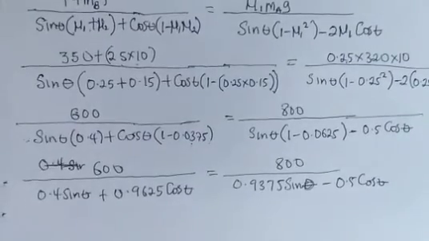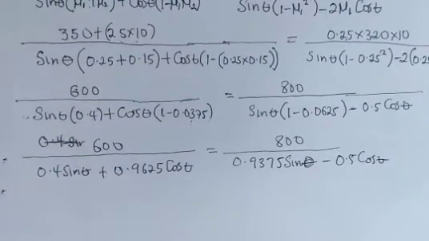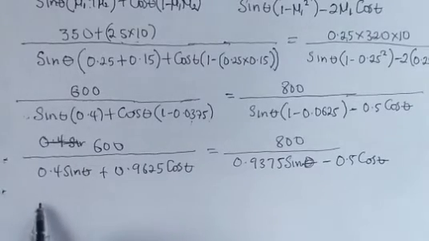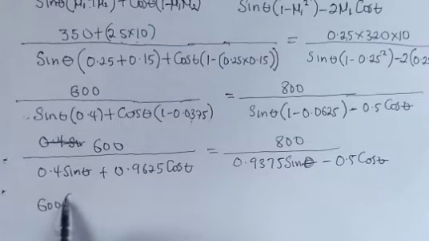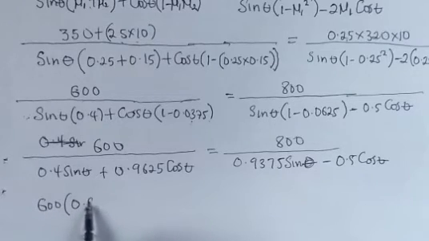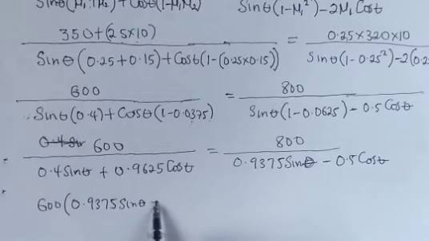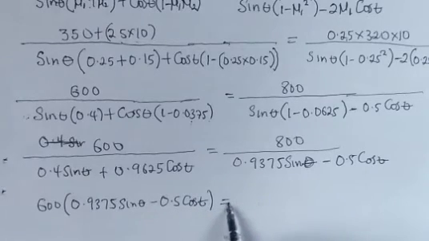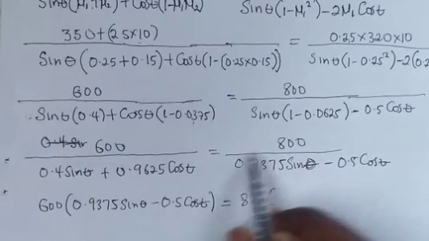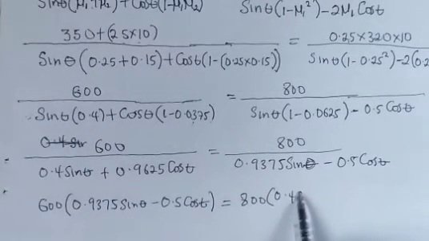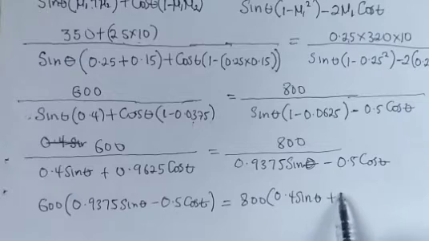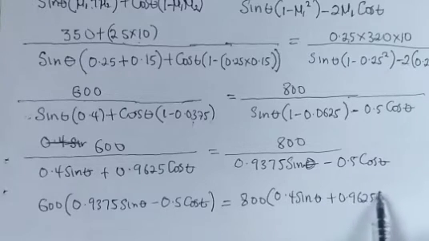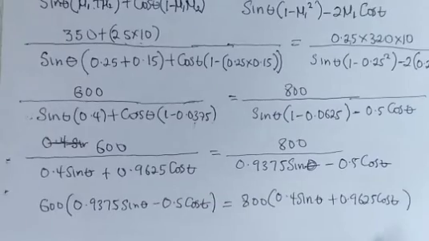Now the next thing we should be doing here is cross multiplying. So if I cross multiply, we get 600 open bracket 0.9375 sine theta minus 0.5 cos theta equals 800 bracket 0.4 sine theta plus 0.9625 cos theta, I close the bracket up.